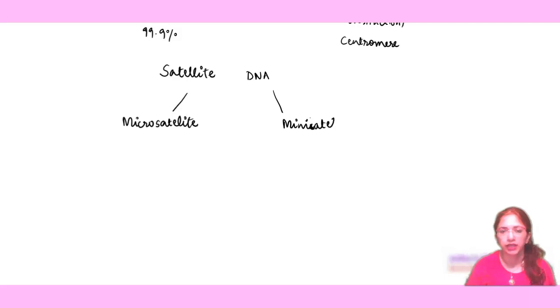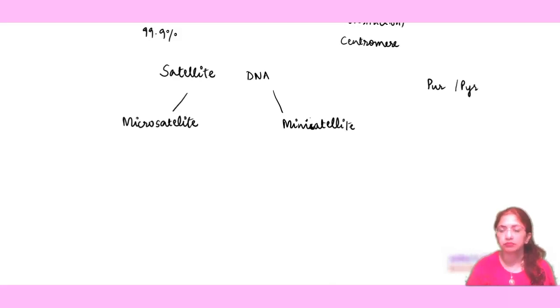One thing is sure, that satellite DNA will always be the repetitive DNA. So satellite DNA is basically divided into microsatellite and mini satellite. Now why is it divided into micro and mini satellite? Because the amount of purine and pyrimidine varies in them.